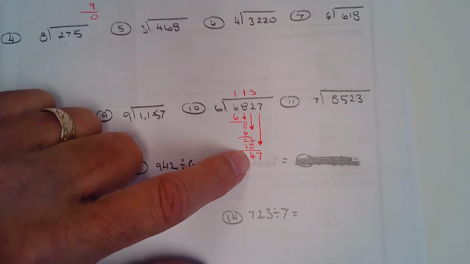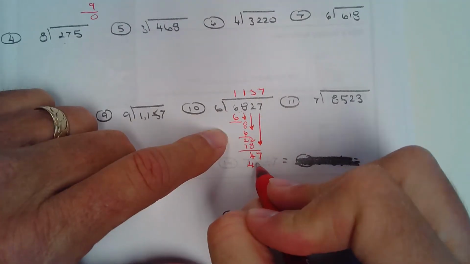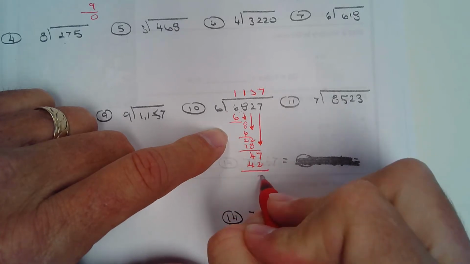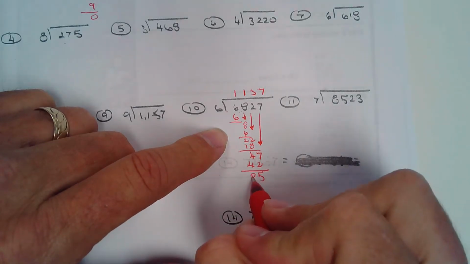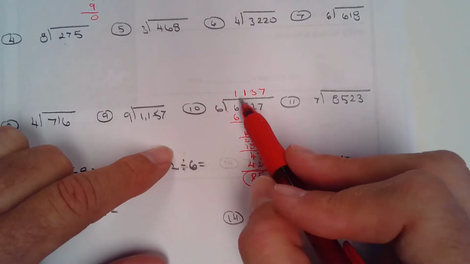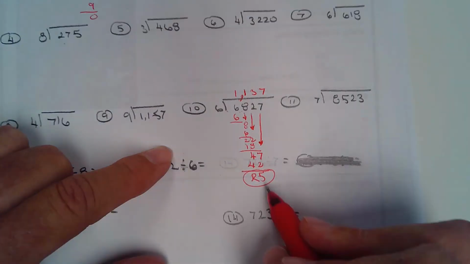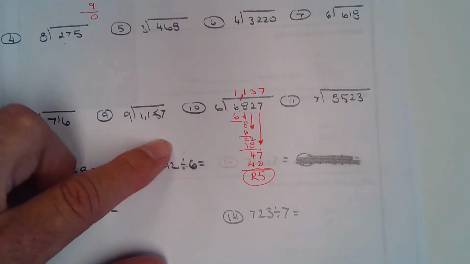So it's going to be 6 times 7. And what's 6 times 7? It's 42. What's left over? 5. So that's the remainder 5. So it goes in 1,137 times with a remainder of 5.